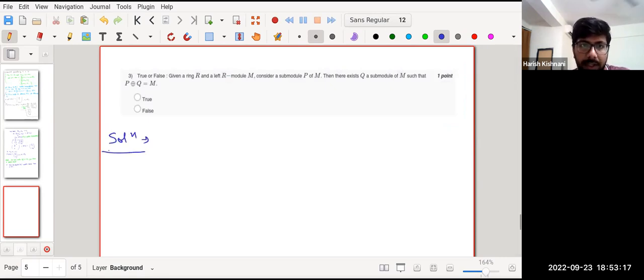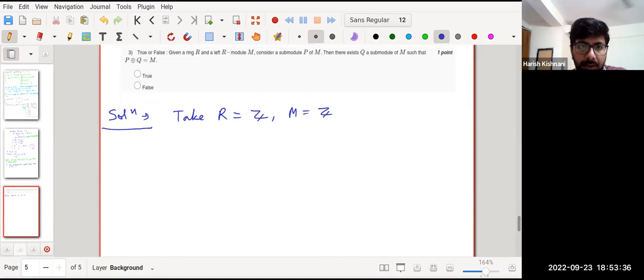I will say that the statement is false, because you can take the ring to be Z and M also to be Z. Z is a Z-module; everything is a module over itself.